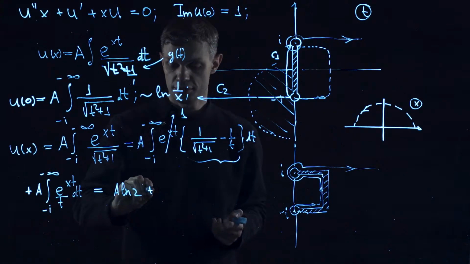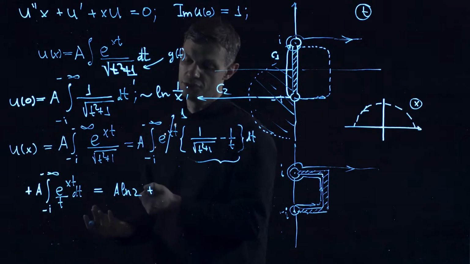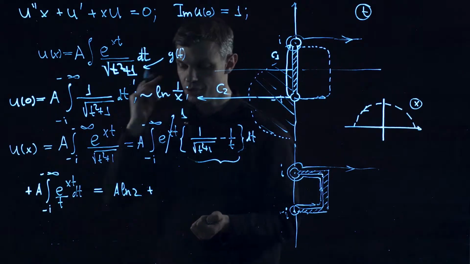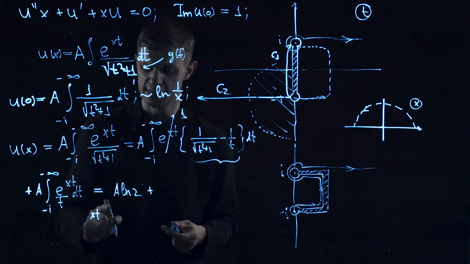Here, what can you do? You can simplify things slightly by making an appropriate change of variables. For example, you can change xt to be equal to minus s, since t is negative.